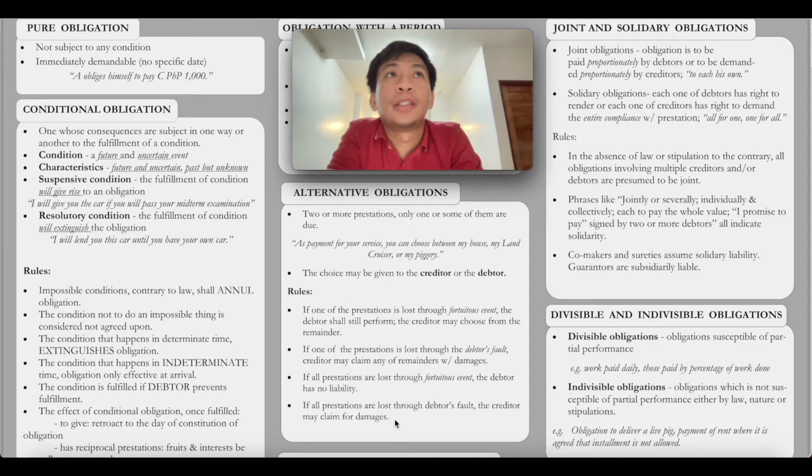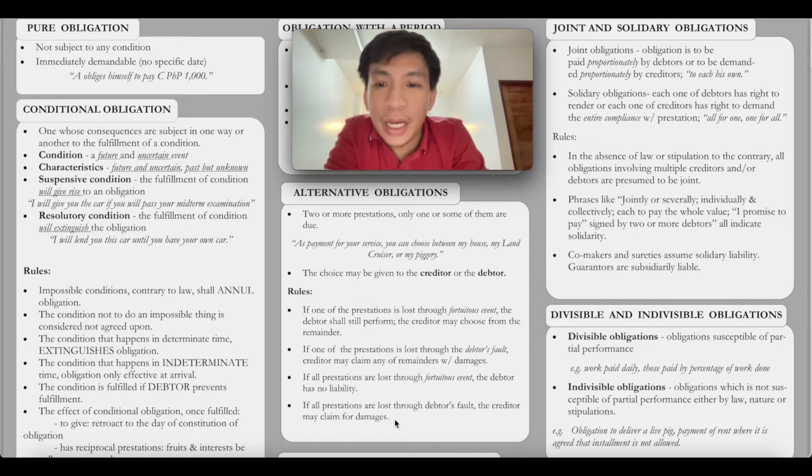For example, nakalagay sa kontrata na kunwari, marami ang nangutang pero hindi nakalagay sa kontrata na pwedeng singilin ni creditor yung isa lang sa kanila ng buo. Ang presumption doon, ang assumption ng batas ay it is joint. Okay.